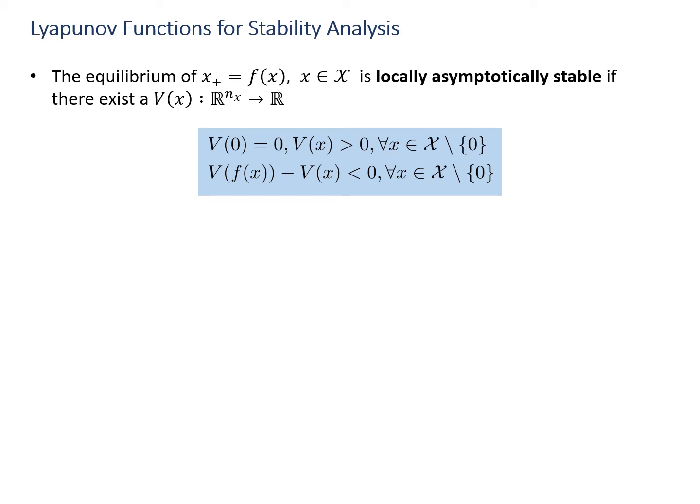Then the equilibrium of the system is locally asymptotically stable if there exists a function V of x that is positive everywhere on the region of interest, and it decreases along all trajectories of the system initialized inside the region of interest. Then V of x is called a Lyapunov function. Once we can find the Lyapunov function, we have a certificate of local stability of the system, and we can use the sublevel set of the Lyapunov function to compute an inner approximation of the region of attraction.